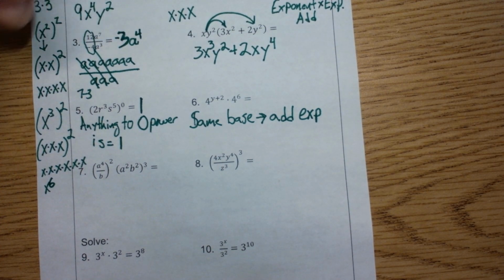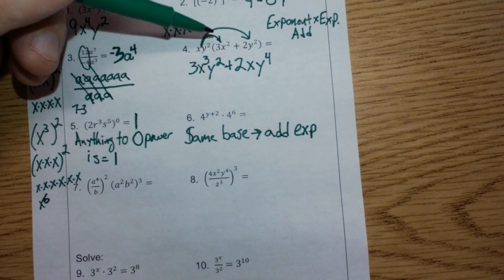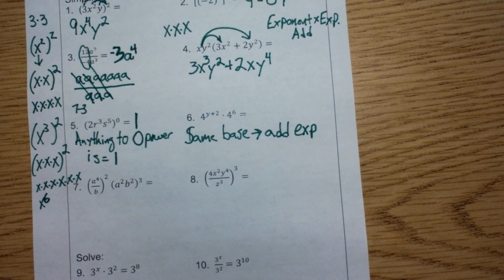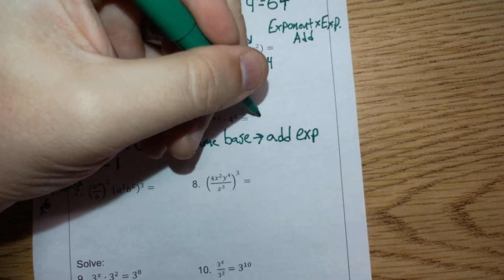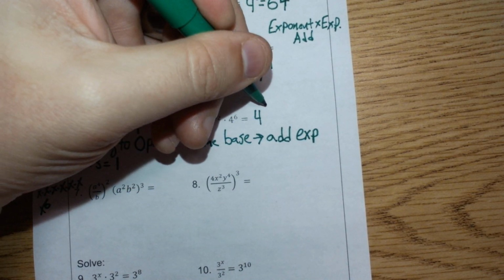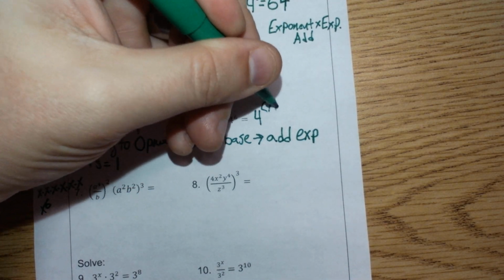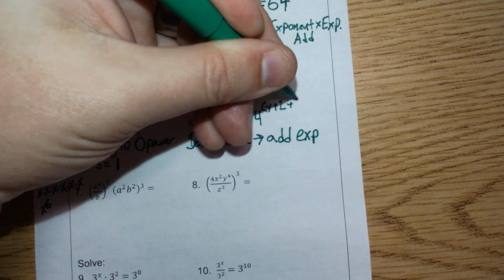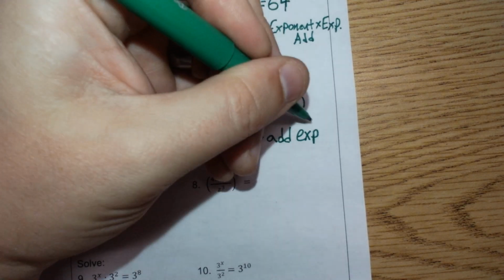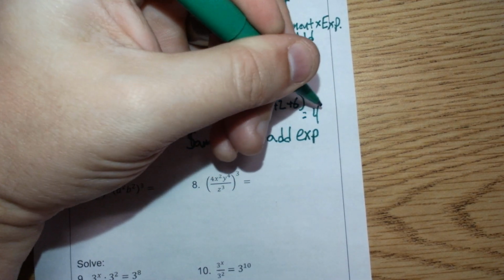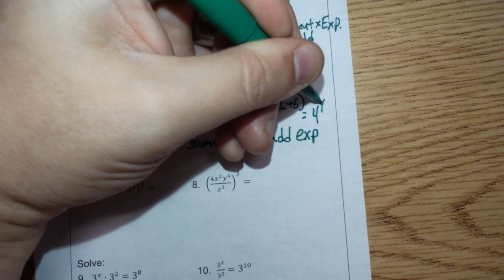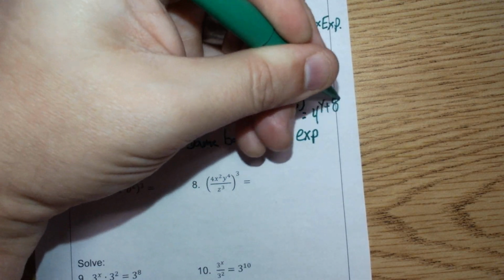Okay, so kind of the same here when we were distributing, we add exponents. And so what we're going to do is we're going to add that y plus 2 plus 6. So we can kind of combine it together and say 4 to the y plus 2 plus 6 power, which is just going to be 4 to the y plus 8 power.